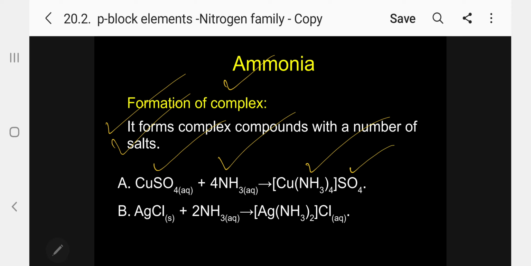This we will discuss under coordination compounds later. Temporarily, kindly remember this is a complex. This is called a cationic complex. The anion is sulfate, the cation is the copper complex, so it is called a cationic complex. The same way, silver chloride reacts with ammonia to form diamminesilver chloride. This is another complex formation.